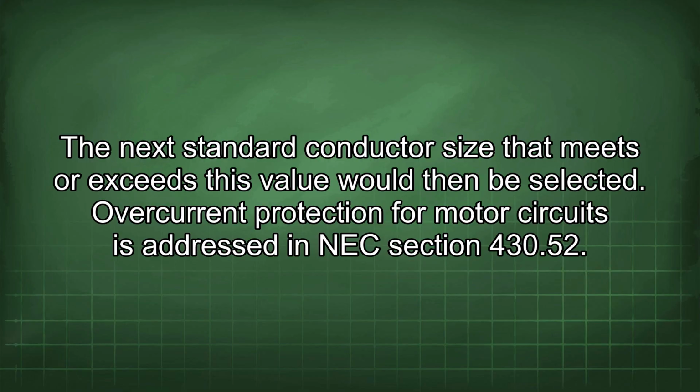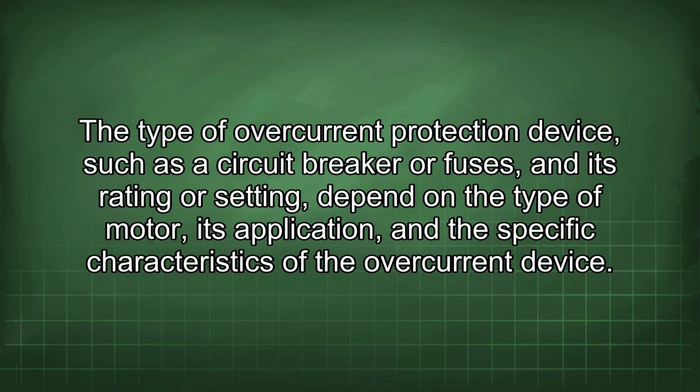Overcurrent protection for motor circuits is addressed in NEC section 430.52. The type of overcurrent protection device, such as a circuit breaker or fuses, and its rating or setting depend on the type of motor, its application, and the specific characteristics of the overcurrent device.